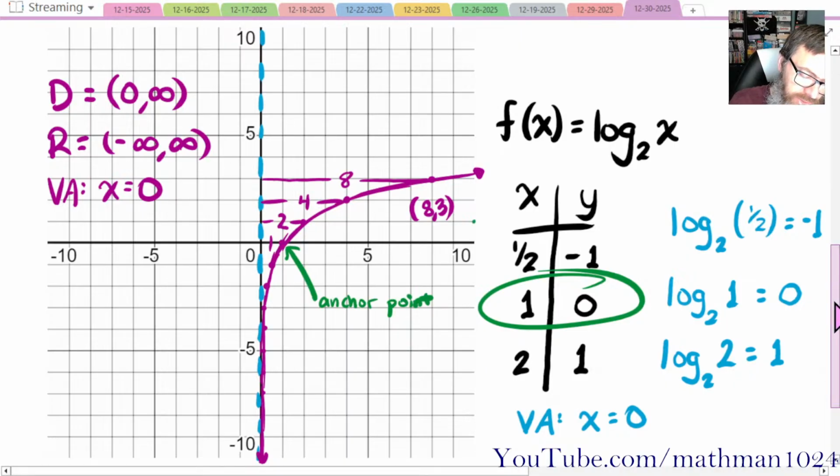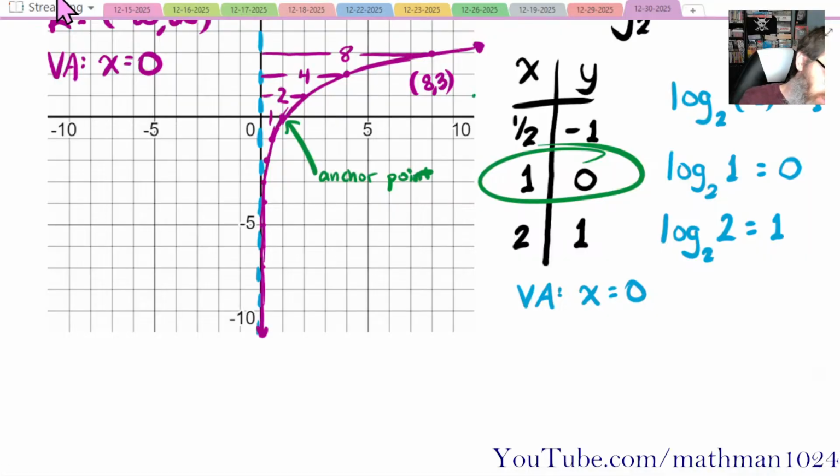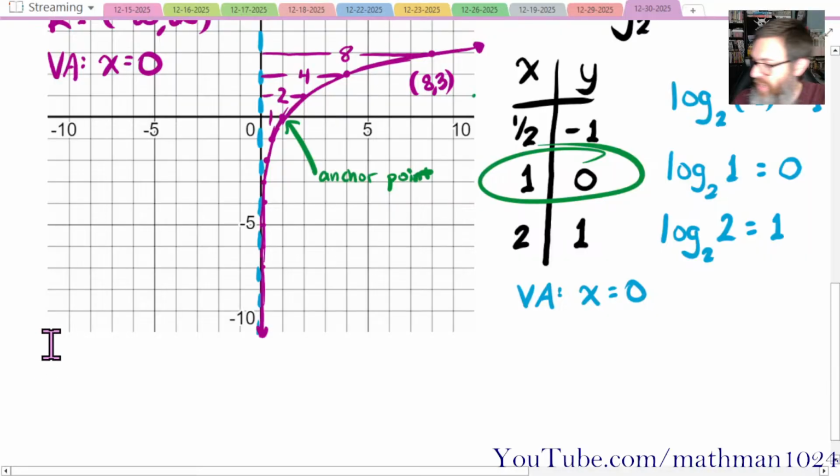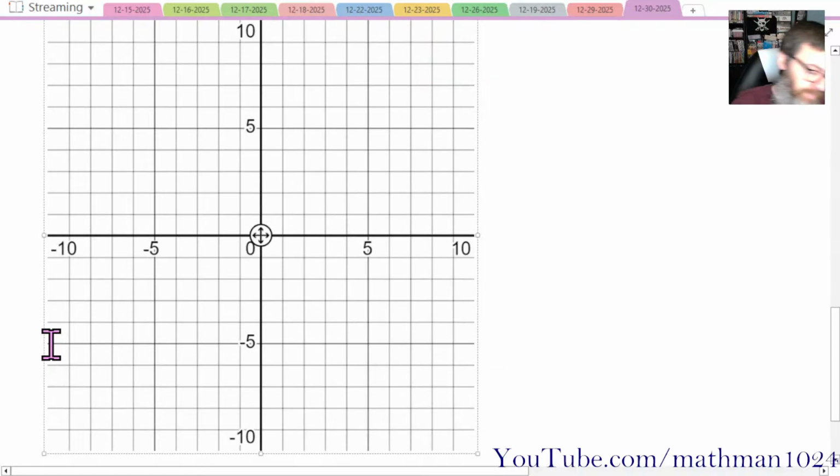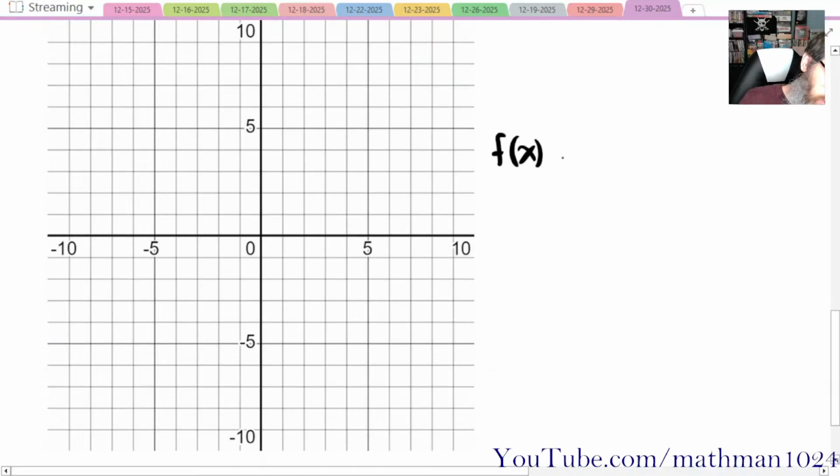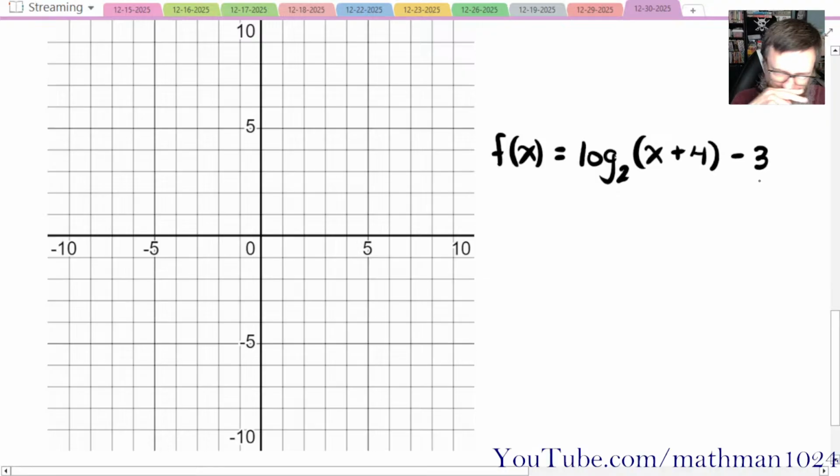But tell you what, let's do another one of these, and let's do some transformations and see what we get. All right, so let me do f of x is equal to log base 2 of x plus, let's say 4, and let's do minus 3, and let's see what happens here.